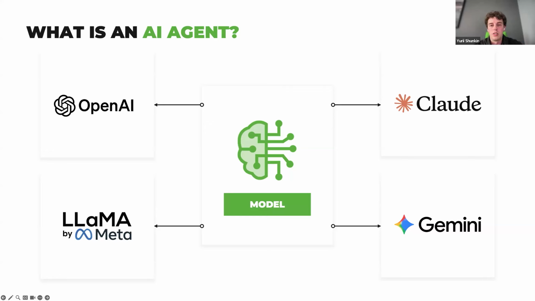Or maybe when you need a specific type of heavy customization for your particular case, and a general foundation model is not okay for you, you can fine-tune an open source solution like Llama and use that as the brain of your agent. Basically, the model is what performs reasoning, decides how to use the available tools, and gives the actions to the tools to do that.